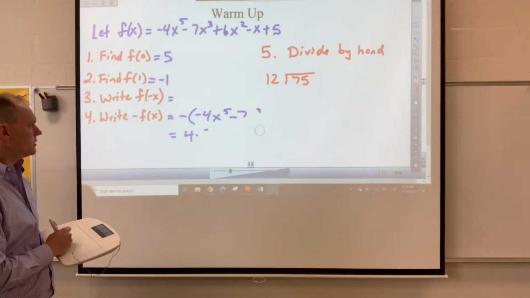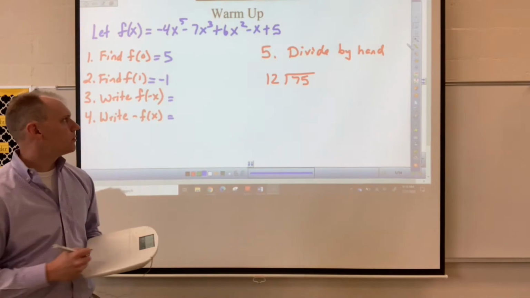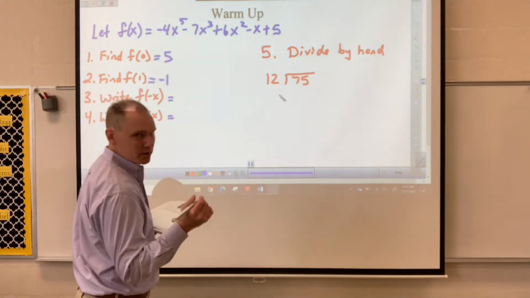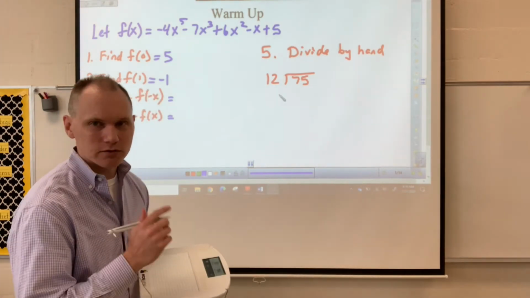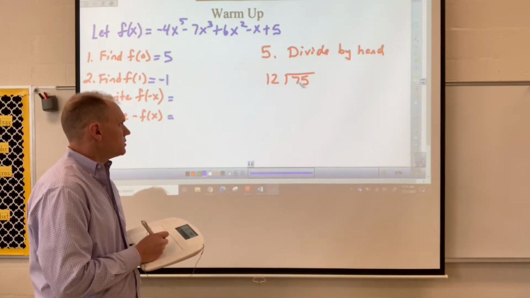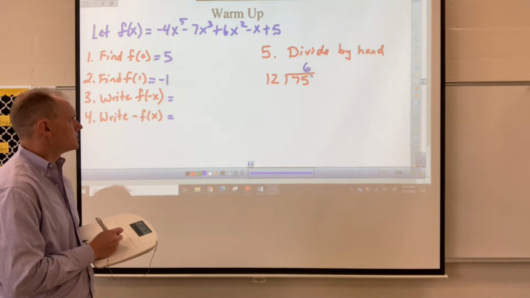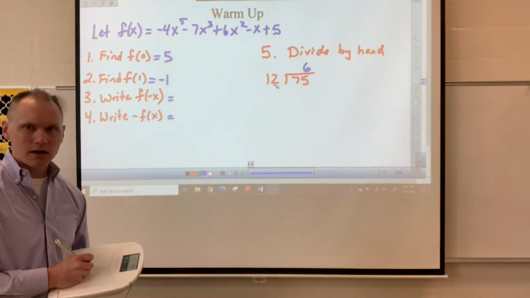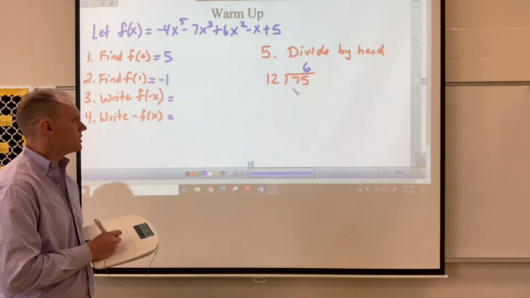And then lastly, and this really gets into our lesson for today, is this division problem, 12 into 75. So let's go ahead and start here, and this may have been a while since you've looked at division, so let's recap maybe how to do this. See, 12 goes into 75 6 times. 6 times 12 is going to be 6 times 10 is 60, plus 6 times 2 is 12, so it'll be 72.